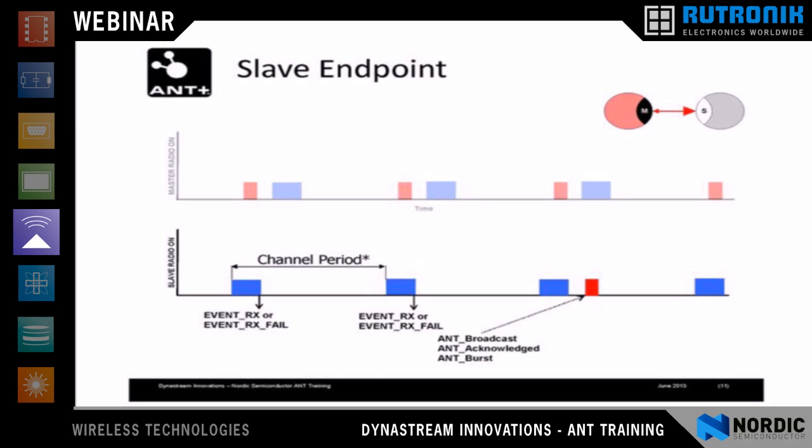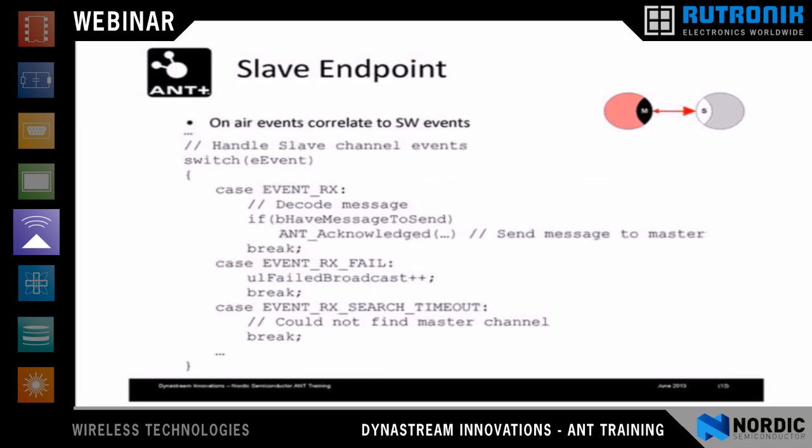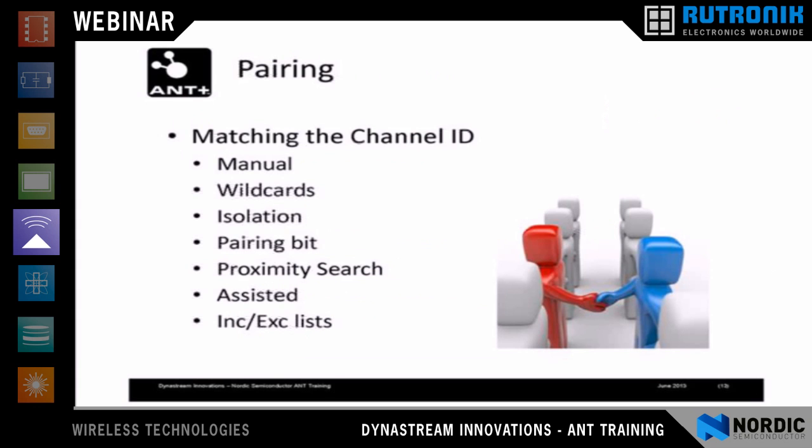You can transmit an acknowledgement from the slave to the master or from the master to the slave, so it's a fully bidirectional capability. And again, this is an example of the simplicity of the code that you would use to manage this in your application.